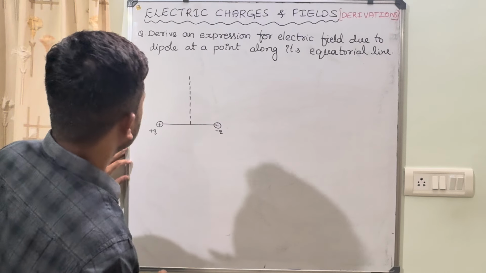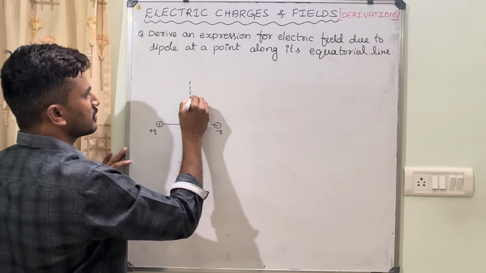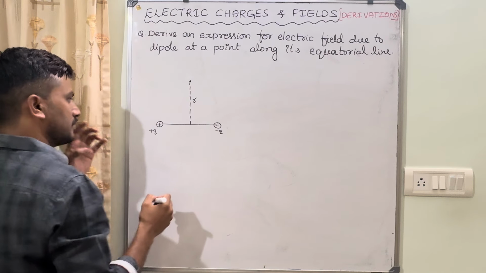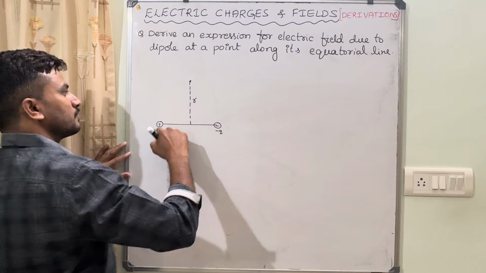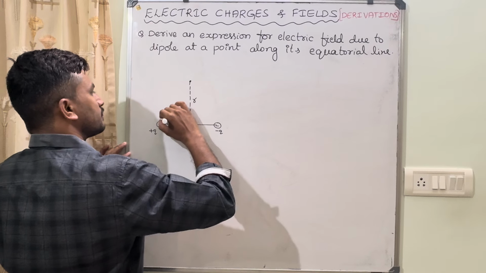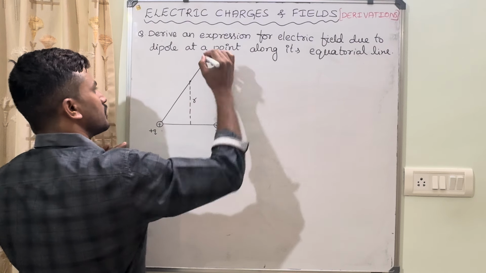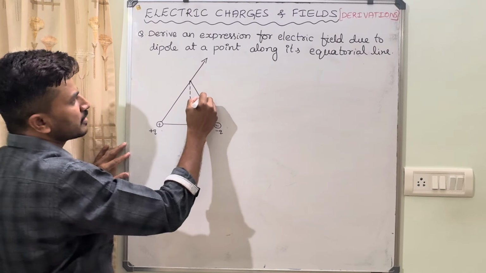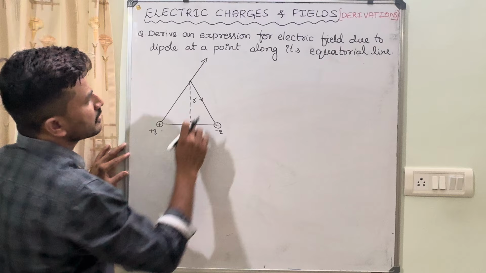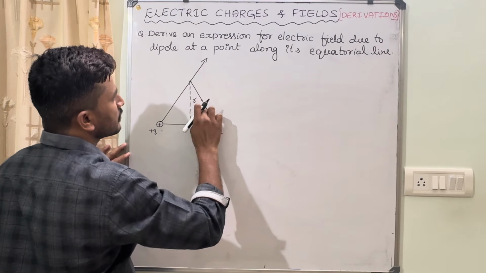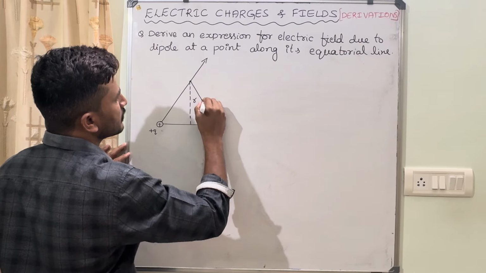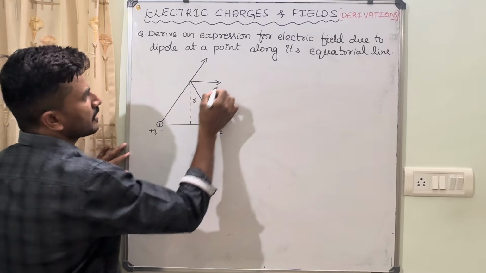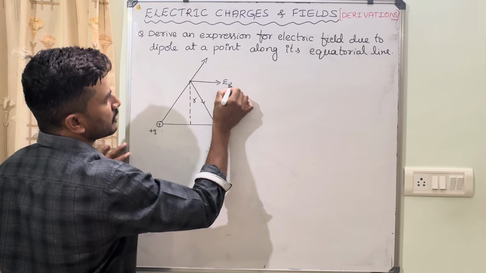At the center, we have to take some height r. So at this particular point, due to positive charge, electric field is radially outwards. Due to negative charge, electric field is radially inwards. Yes or no? So resultant electric field will be in this direction, E resultant.